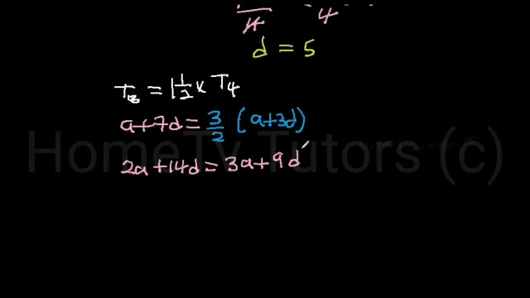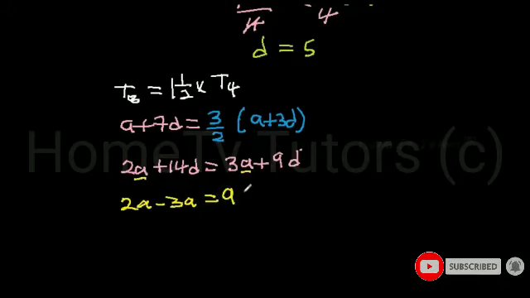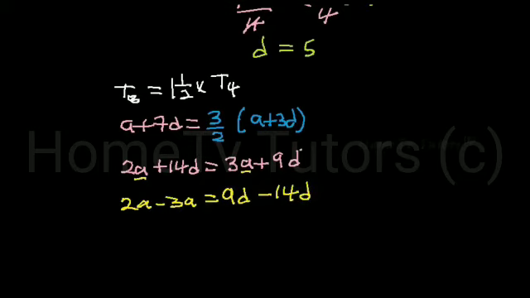So now let us collect like terms, and our aim is to find the first term. If we move the A term to the left hand side, we have 2A minus 3A. Then we move the 14D to the right hand side, so we have 9D minus 14D.